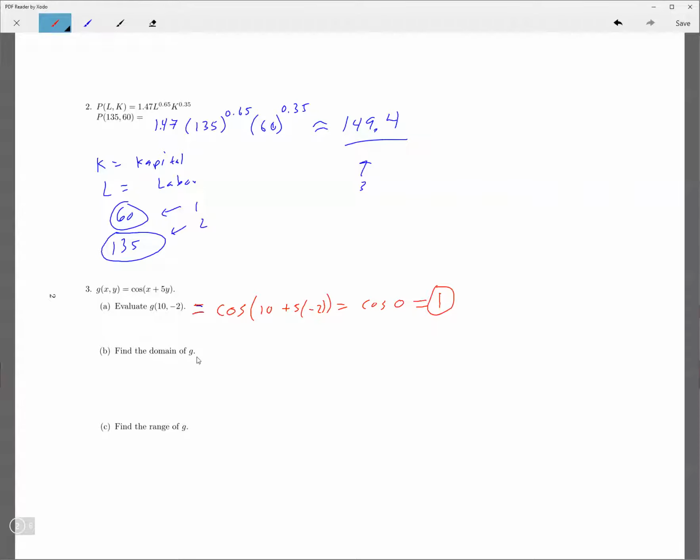Okay, part B, find the domain of G. Now you can put anything in for x and y, right? Because cosine can take negative values, it can take positive values. You can put any real numbers in for x and y. So you're thinking, x can range from negative infinity to infinity, and y can range from negative infinity to infinity, right?